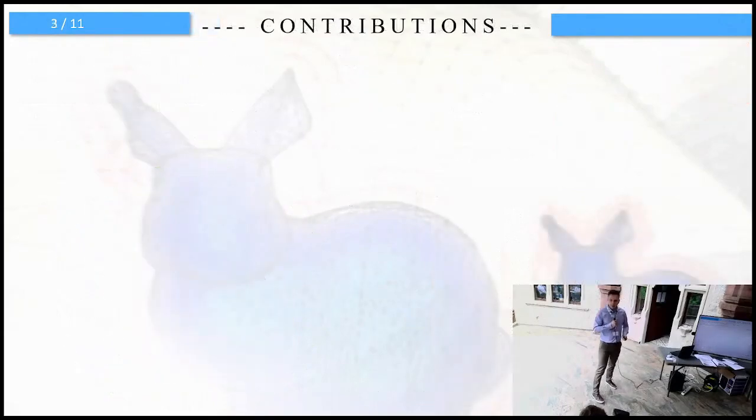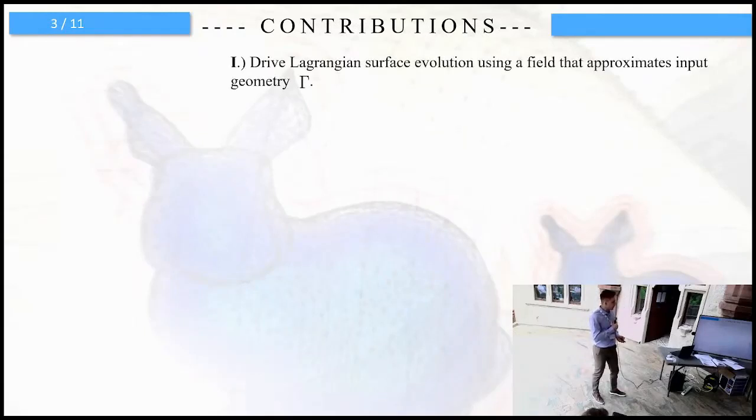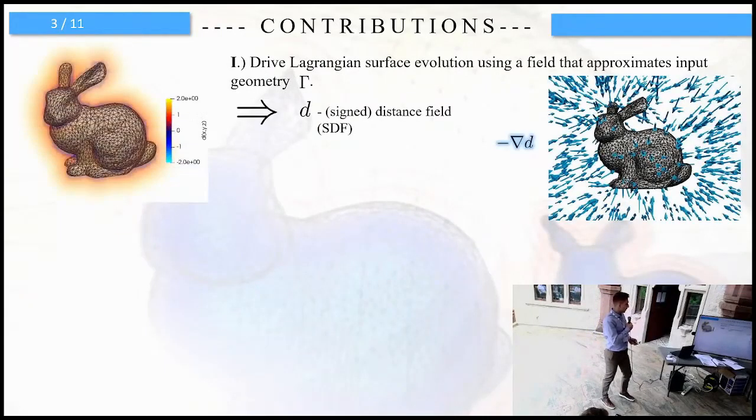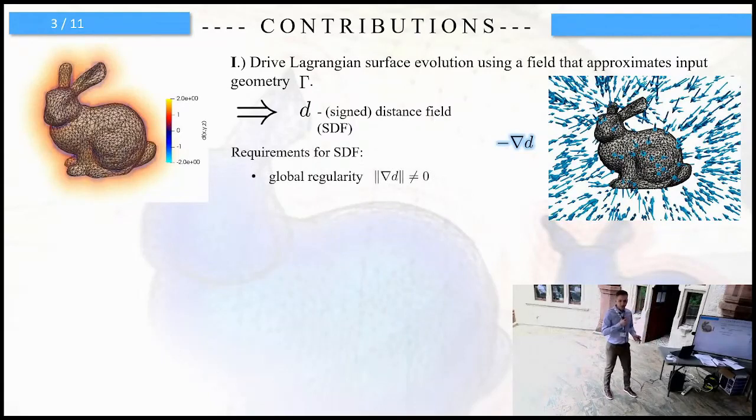So first of all, we managed to propagate the target mesh's shape into the surrounding space using a distance field. And then, of course, we needed to use its gradient as well to drive the advection process inside. Our requirements were for the gradients to exist everywhere and to have reasonable computational time.